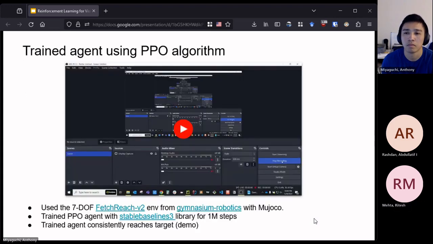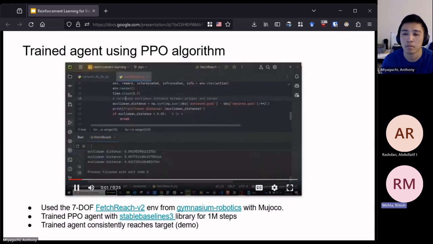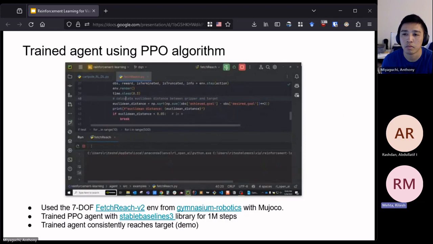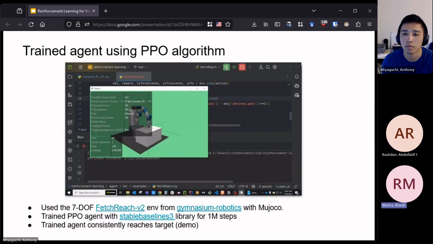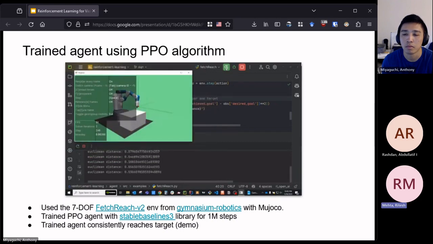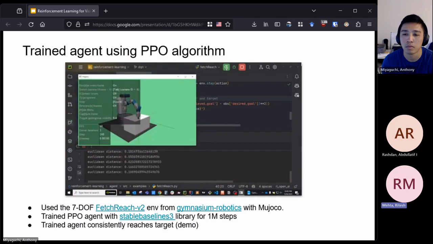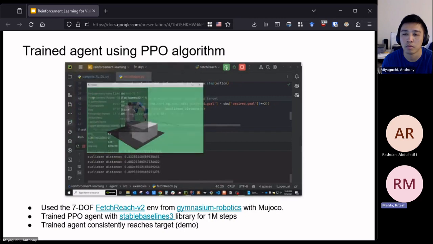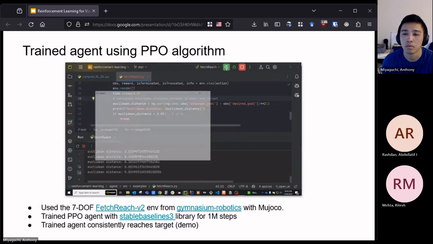Next slide, please. So here is a trained agent. We used the FetchReach version 2 environment from the Gymnasium Robotics API, which uses a MuJoCo physics environment behind the scenes. And as you can see in this one, the manipulator is always able to reach the red dot, which is its target, in this scenario.